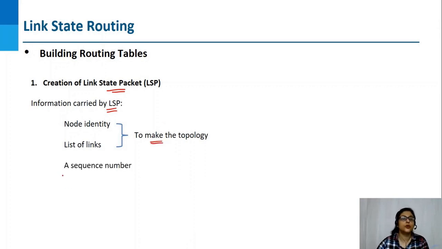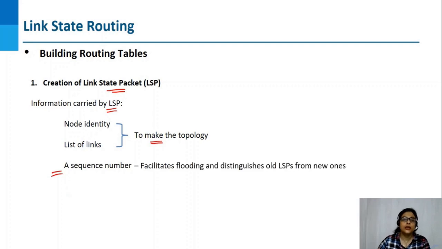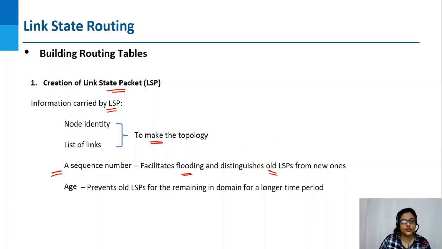Then there should be a sequence number that will facilitate flooding, and it will distinguish old LSPs from new ones, because old LSPs have to be discarded and replaced by the new LSPs that are arriving at the receiving node. And then the age. Age will prevent the old LSPs from remaining in the domain for a longer period of time, because the old LSPs must be replaced by the new ones after a certain interval of time.